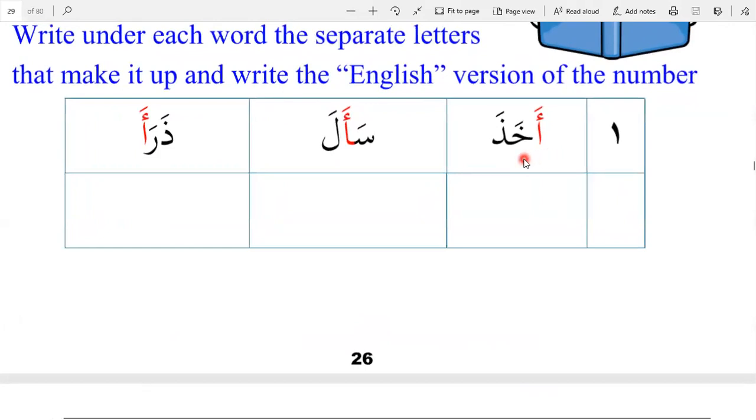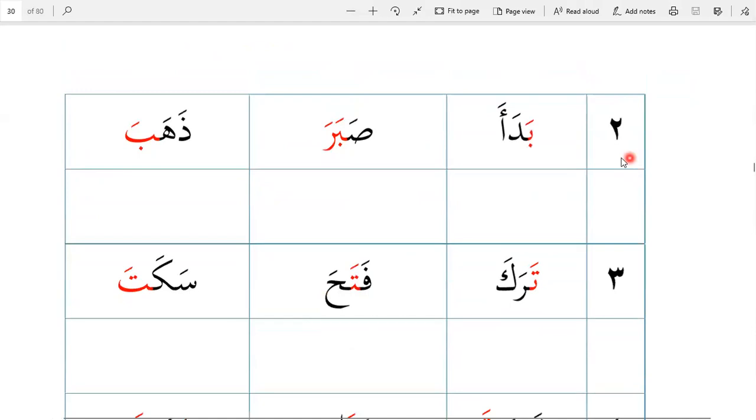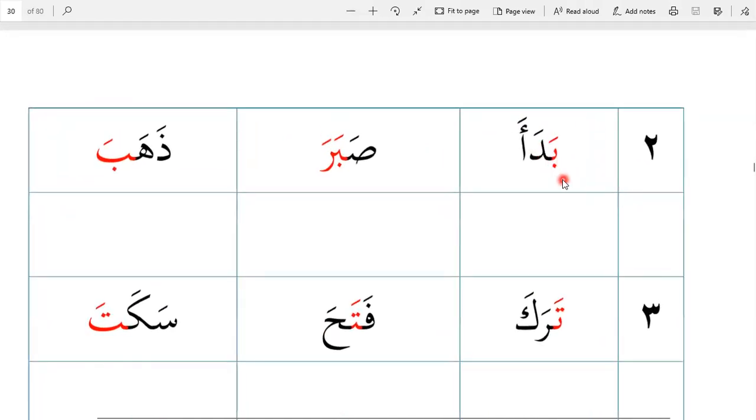A, kha, va. Sa, a, la. Va, ra, a. Ba, da, a.